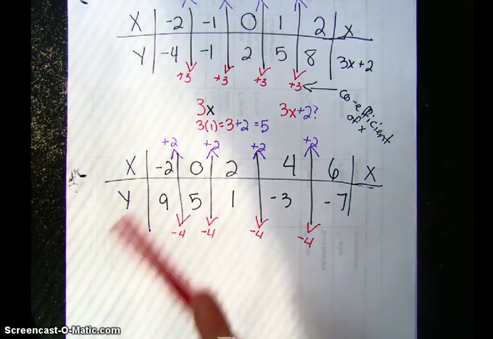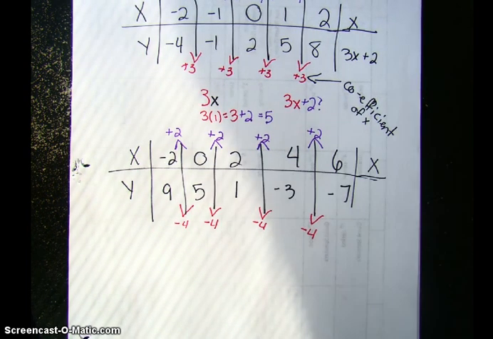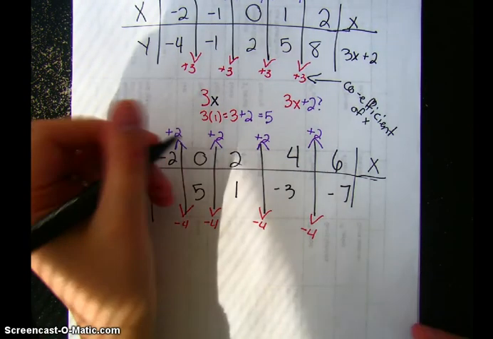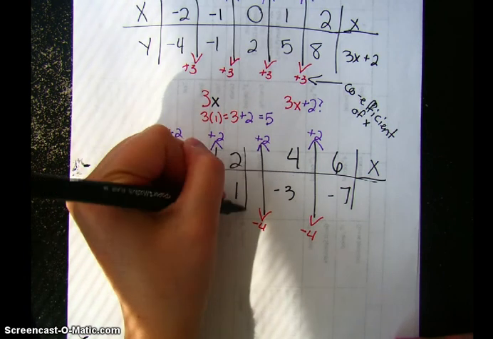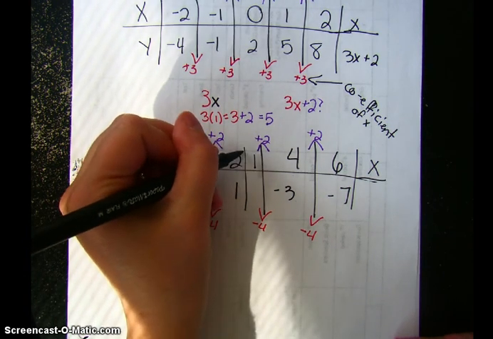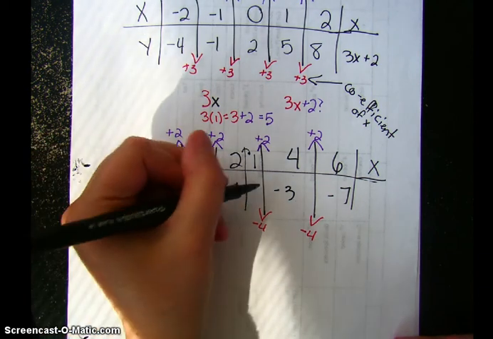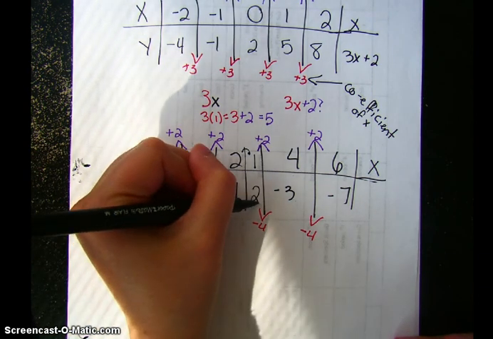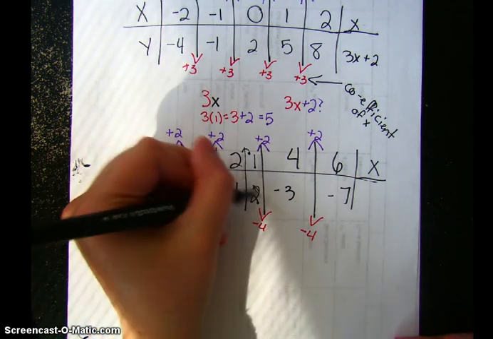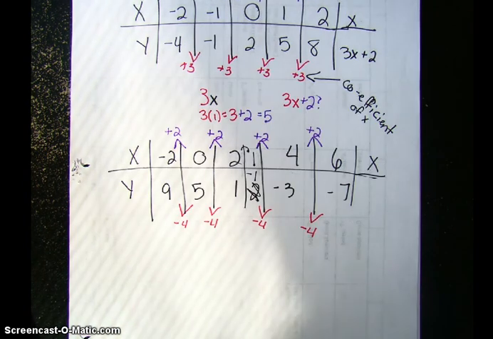Well, if every time I go up 2, I'm going down 4, let's see if I added in another table here for 1. That means if I went up by 1, I would go down by somewhere in the middle here, 2. Not 2, this would be -1, excuse me. I'd be subtracting 2. Okay, same idea here.